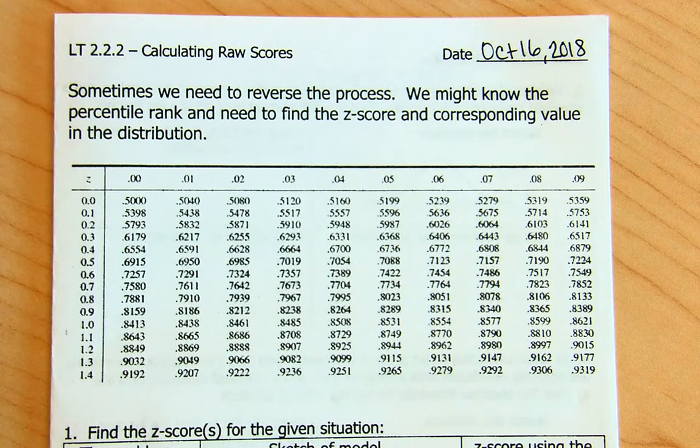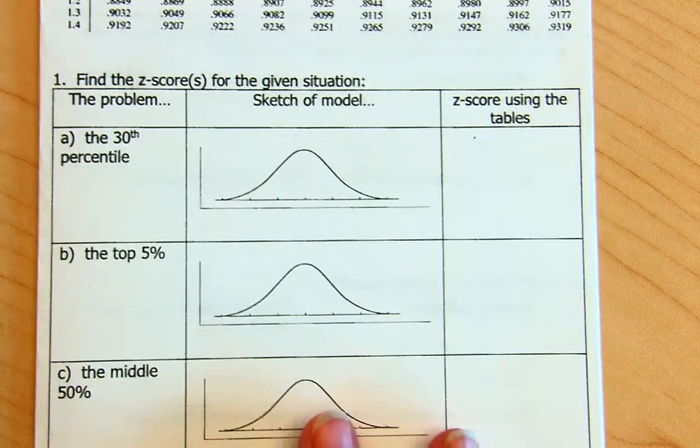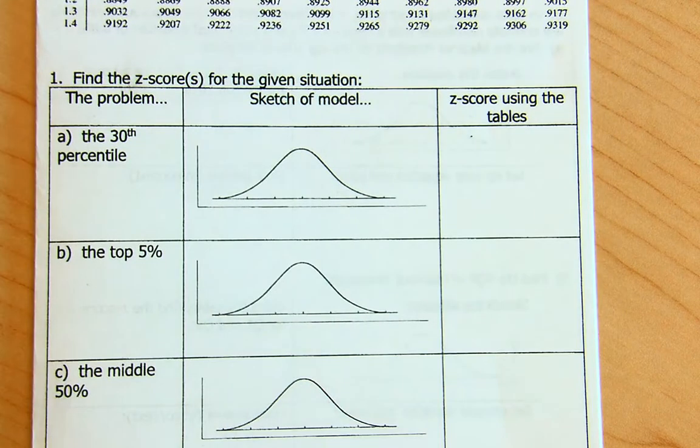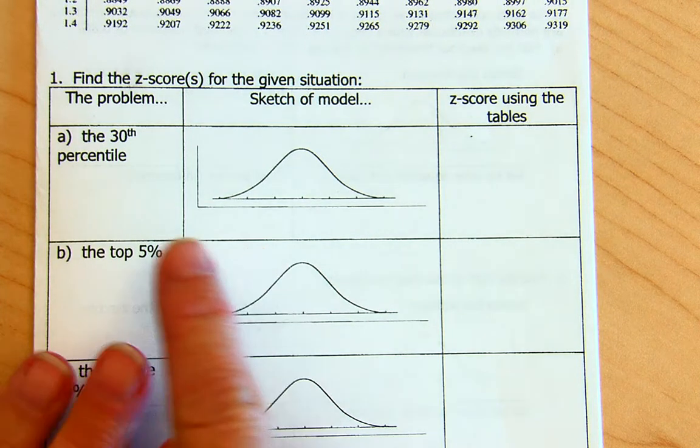Now we're going to look at if they tell us a probability or a percentile, we can find what is that cut value. So what is the value that is at that percentile or that gives us the probability that they tell us. So basically we're using the same tables that we used before, we're just using it backwards. So I'll show you what I mean by that.